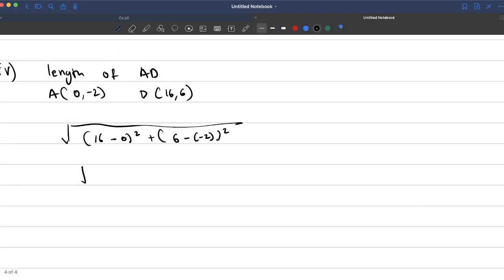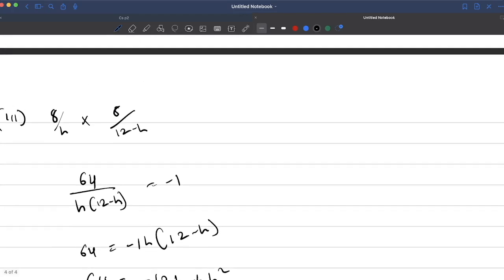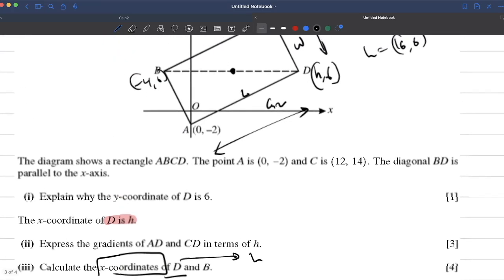You can do this straight in your calculator if you want. Root of 16 squared plus 8 squared, that will be 8 root 5. So the length of this side right here is 8 root 5.